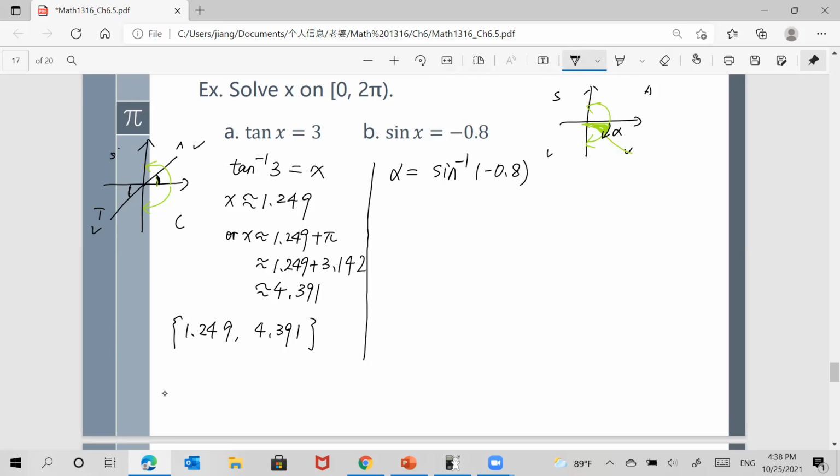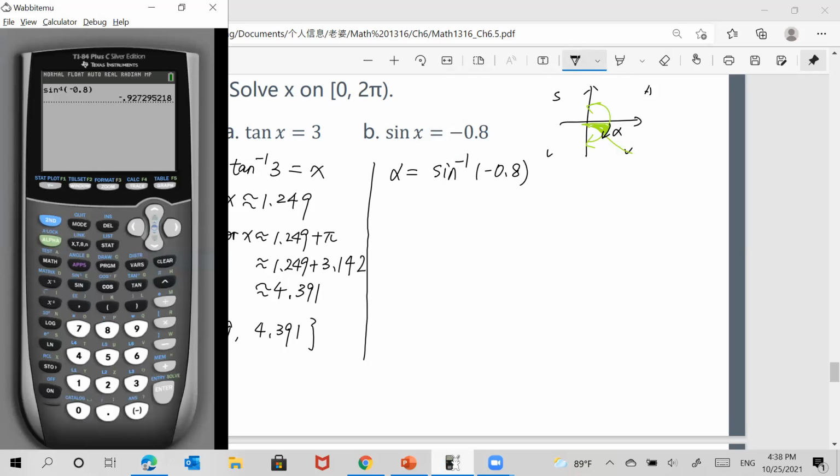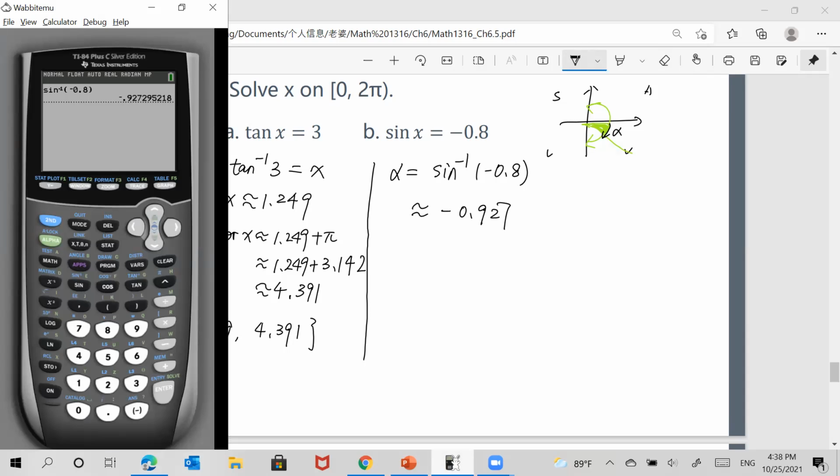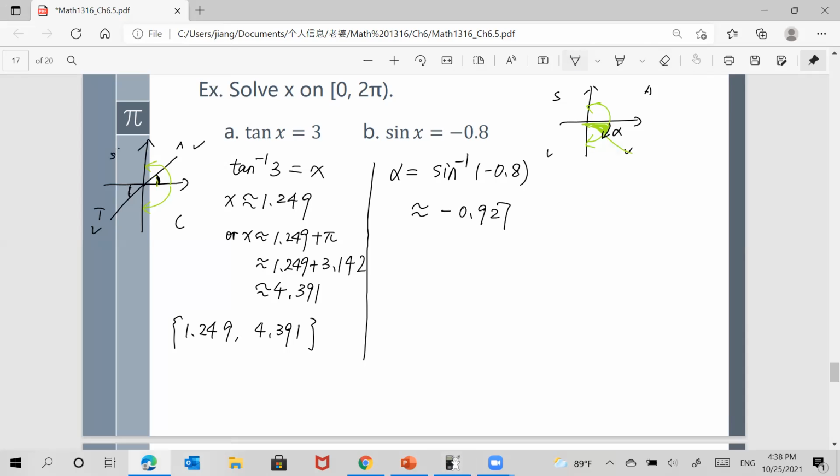So alpha is negative 0.927, about negative 0.927. Is that correct? I think so. Okay, this is the alpha here.